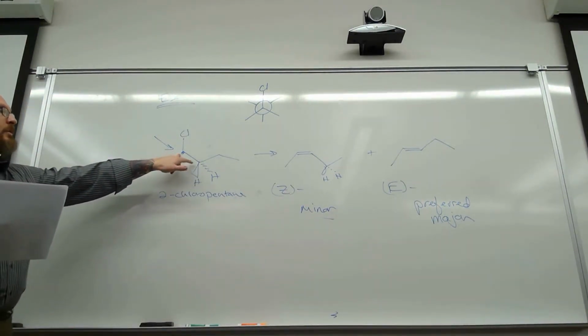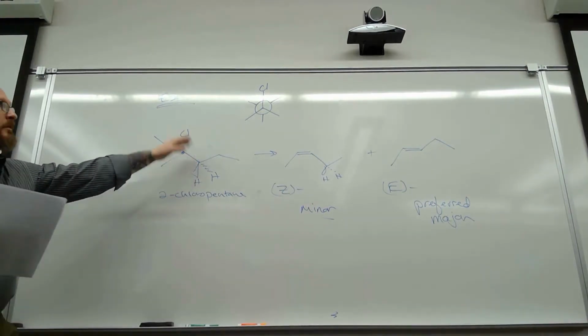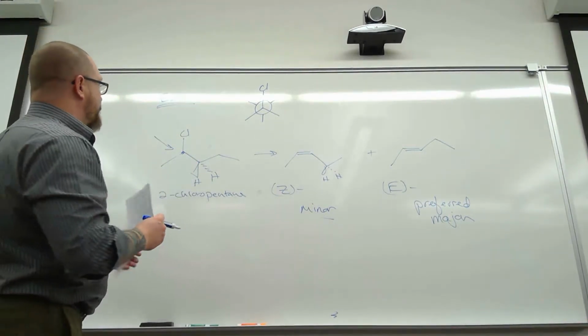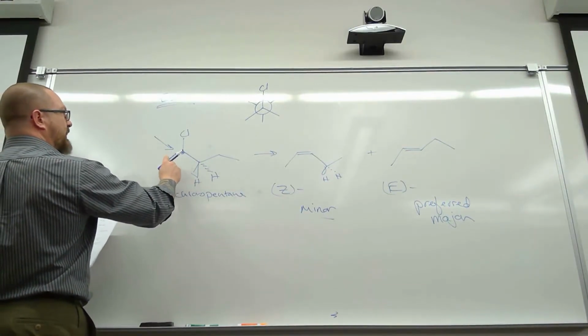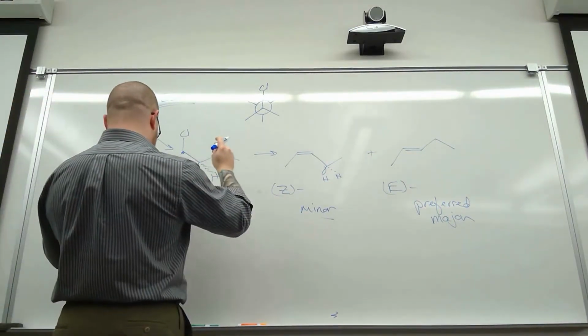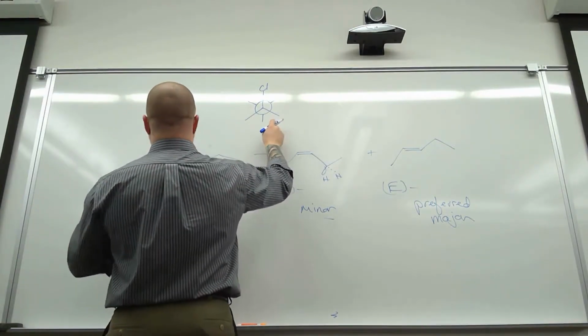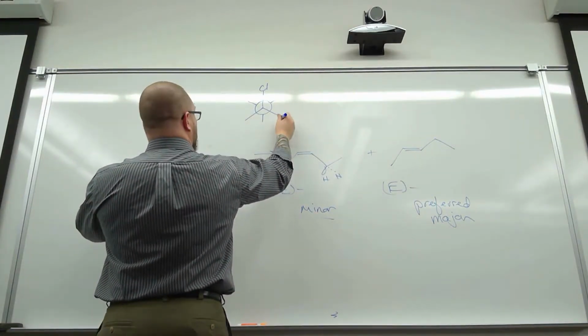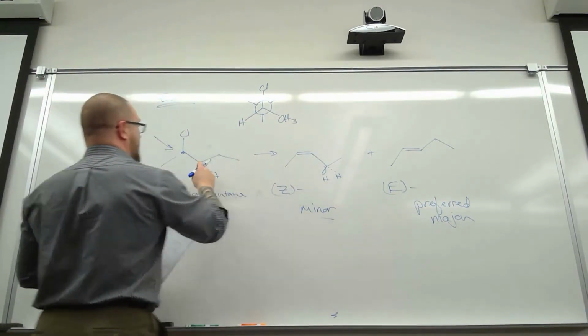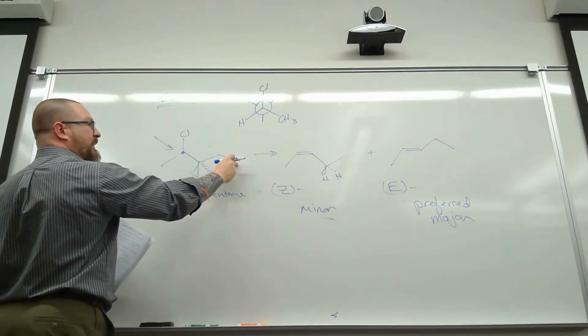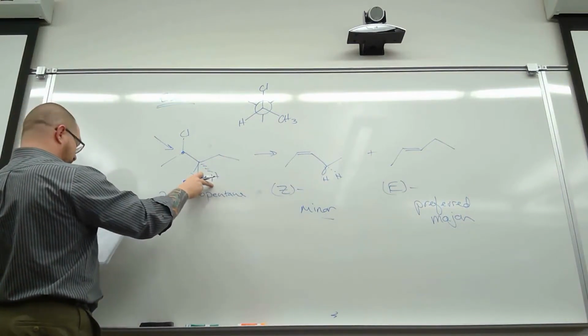So we're looking down between the 2 and 3 carbon straight on here. And so we've got a methyl group and we've got a hydrogen. So let's see where we want to put those. And then back here, we have an ethyl group and 2 hydrogens.